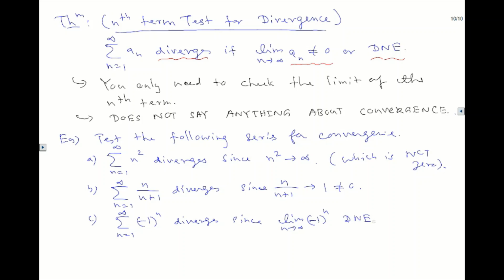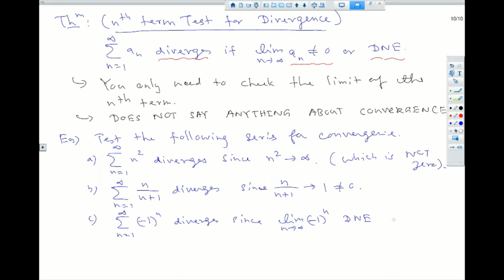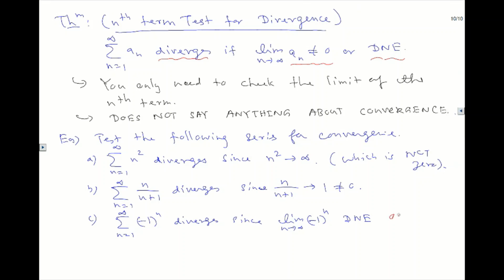We don't know the limit, it just fluctuates between 1 and negative 1. So this is oscillating, and when it oscillates, it doesn't converge.